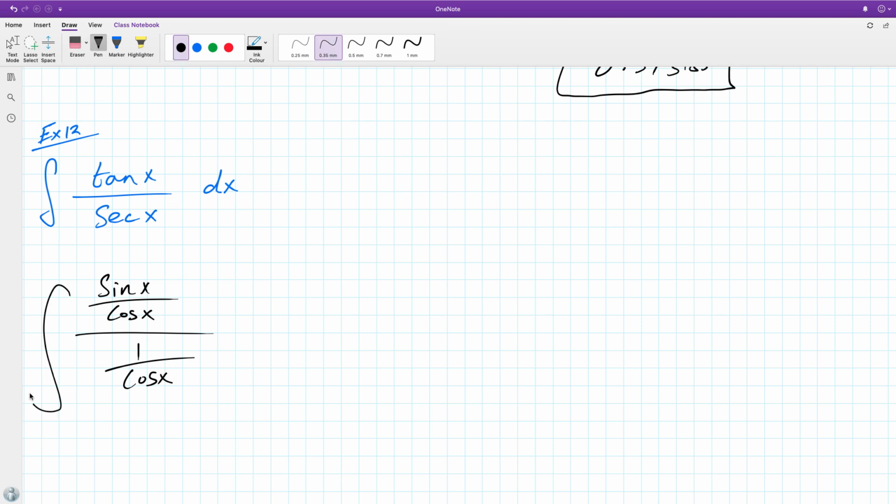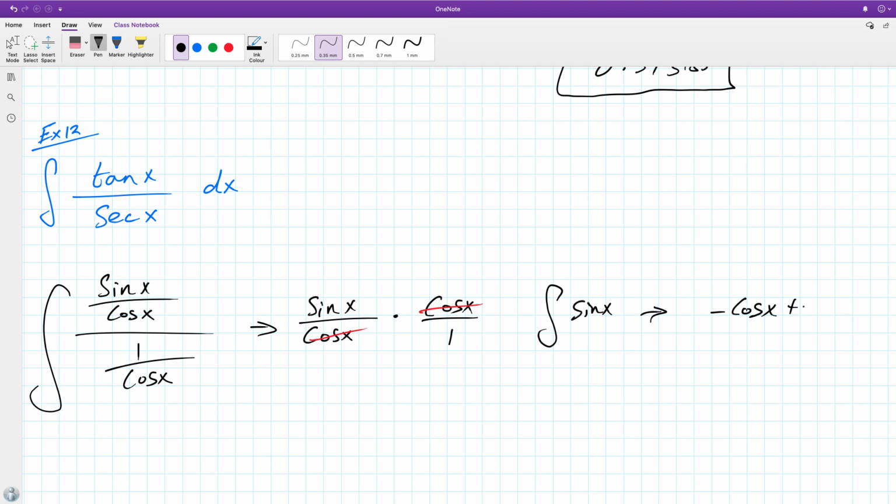So we're integrating the sine of x over the cos of x multiplied by the cos of x over 1. Flip your second one. That knocks that out. So that's the integration of the sine of x. Integrate sine and we get, is it cos or minus cos? It is minus cos of x plus c. Minus the cos of x plus c.